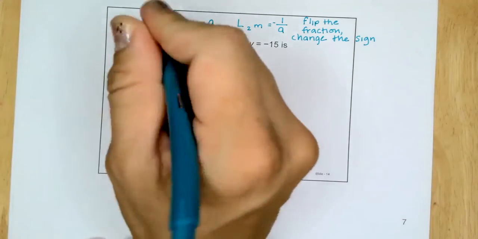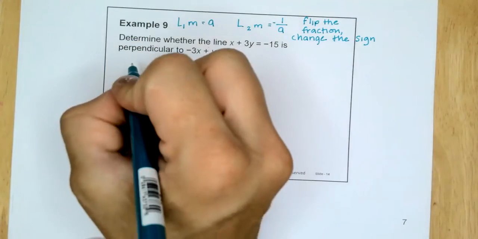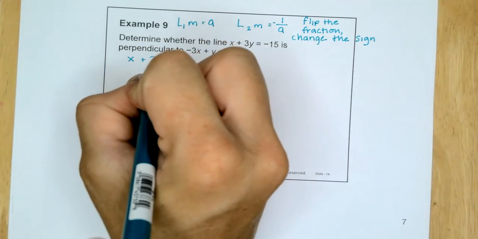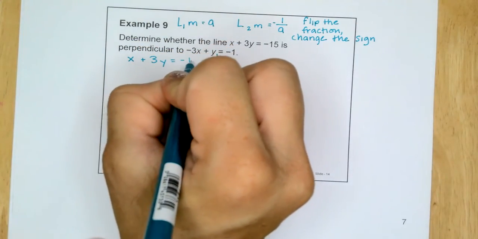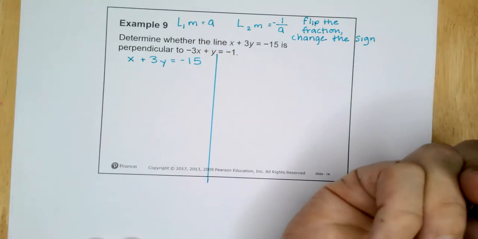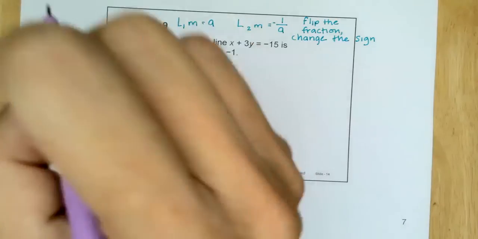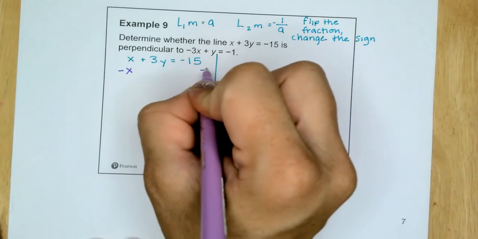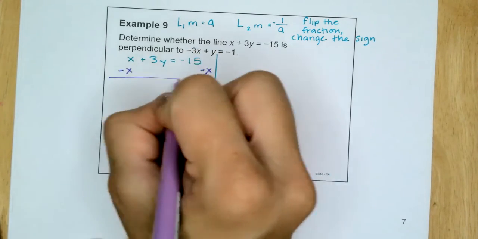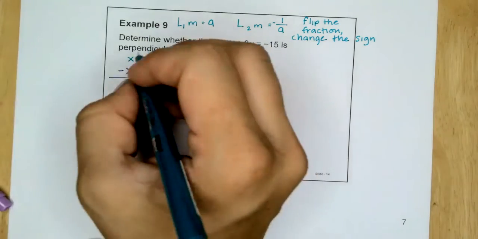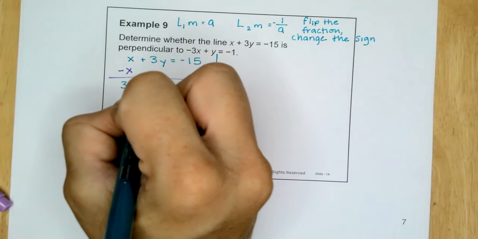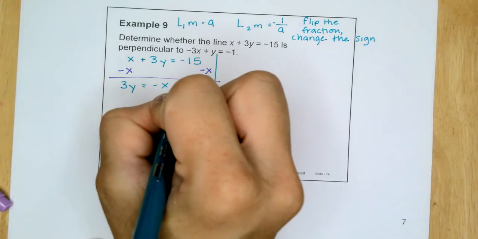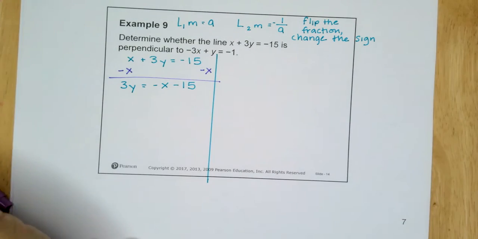So first, it's the same thing, so we're just going to solve for y. x plus 3y equals negative 15. Okay. Get everything to this side except y. So negative x. That becomes 3y equals negative x minus 15.